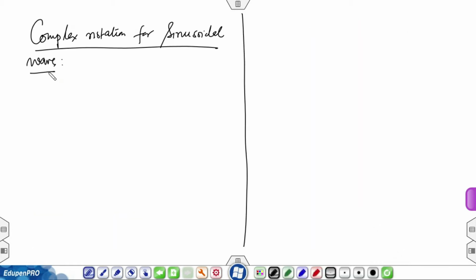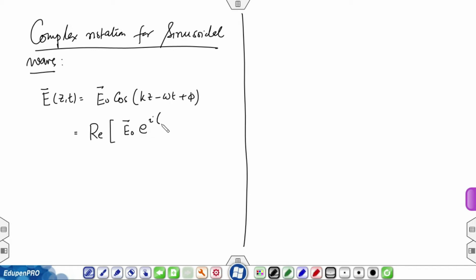So, what I have is E as a function of z and t as E 0 cosine of k z minus omega t plus phi, and same thing with B, E 0 is a vector. So, I am going to write this as real part of E 0 vector e raised to i (k z minus omega t plus phi).